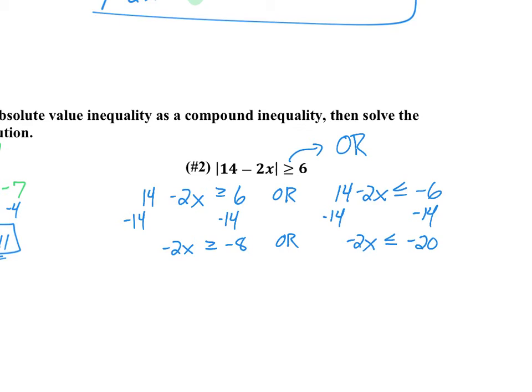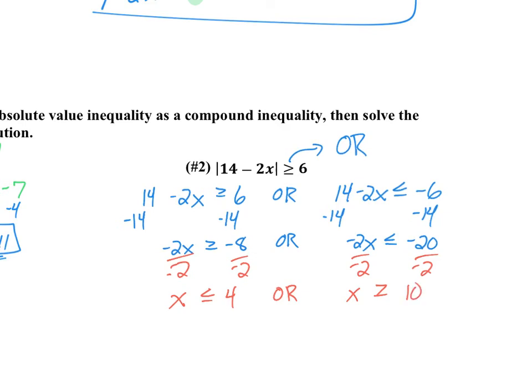Okay, then we have to divide by negative 2. So what happens when you divide by a negative? This is where it gets tricky here. So now when we divide by a negative, so it's negative 2, we have to actually flip our sign again. So it's x is less than or equal to positive 4, or x is greater than or equal to positive 10.